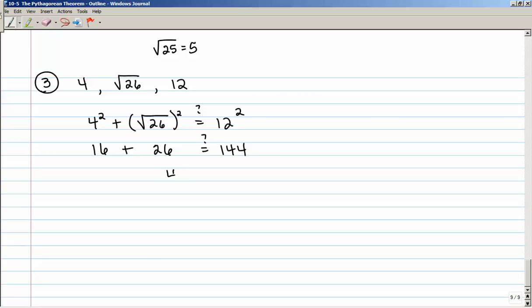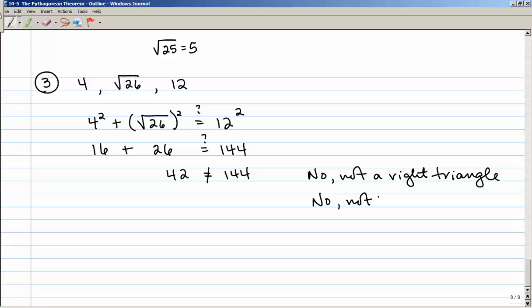Clearly it is not. That's 42, and that is not equal to 144. So therefore it is not a right triangle. And if it's not a right triangle, it can't be a Pythagorean triple, but also we have a radical in there, so it can't be a Pythagorean triple for that reason also.